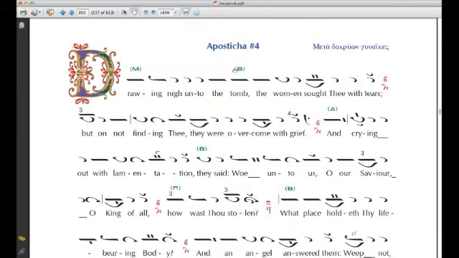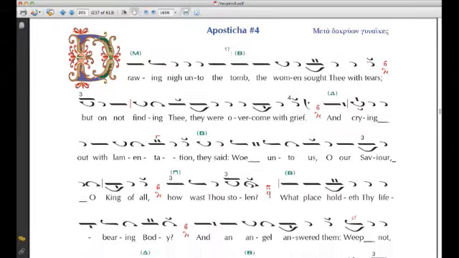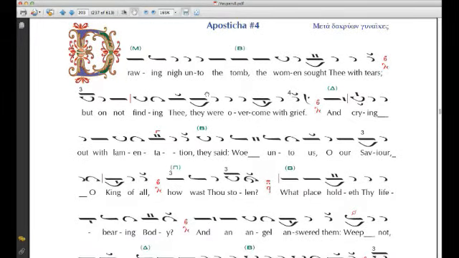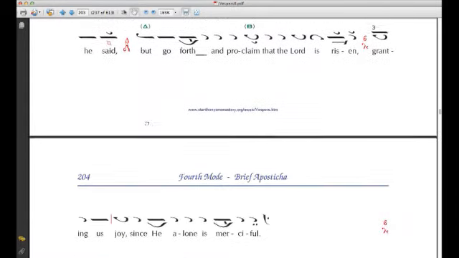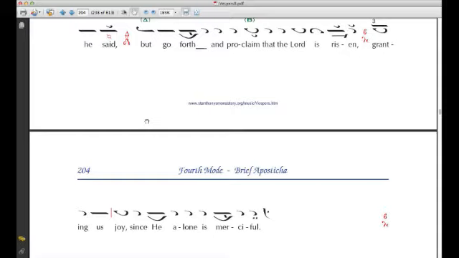What place holdeth thy life-bearing body? And an angel answered them, weep not, he said, but go forth and proclaim that the Lord is risen, granting us joy, since he alone is merciful.